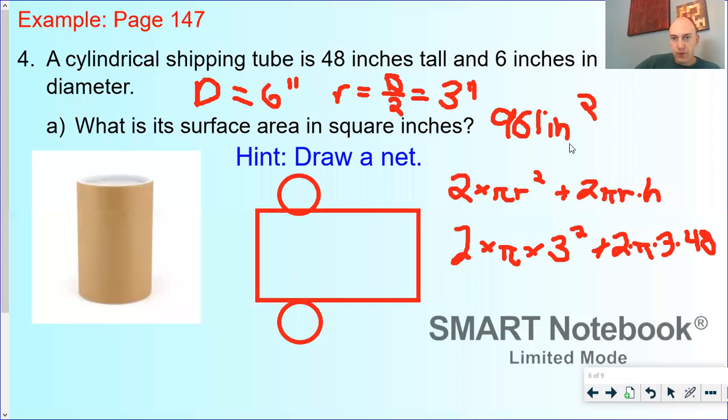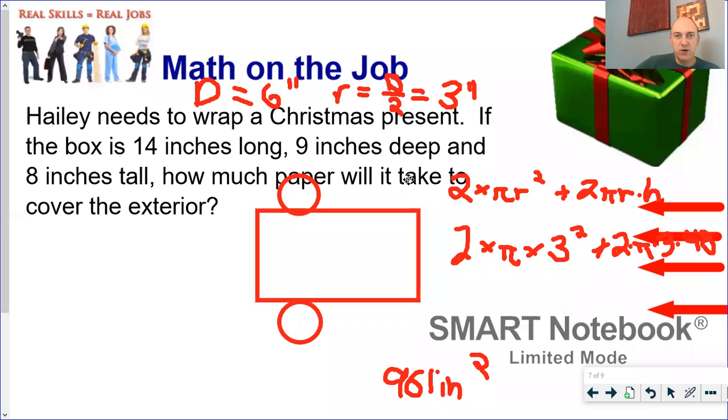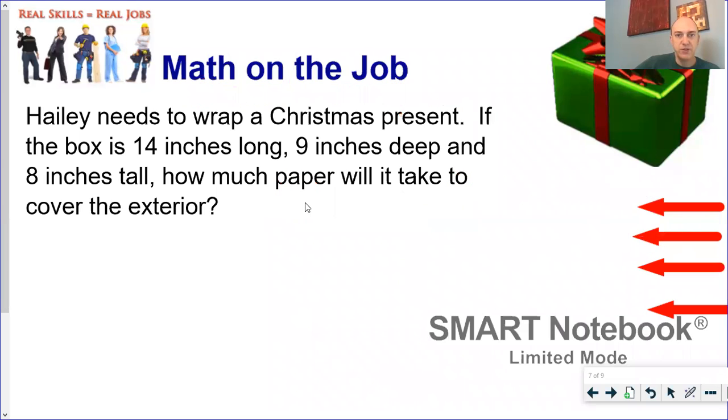Okay, and actually, take all of this and move it down as an answer there. That's our final answer, 961 square inches. And again, please forgive my messy writing. I will get much better, I'm sure, at drawing or writing with just a mouse.